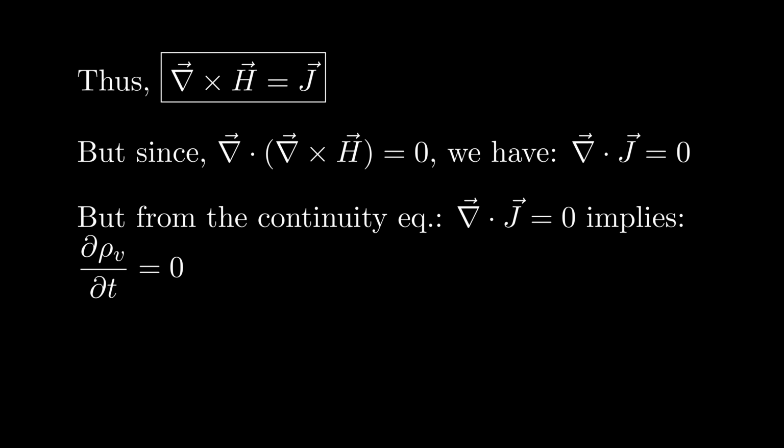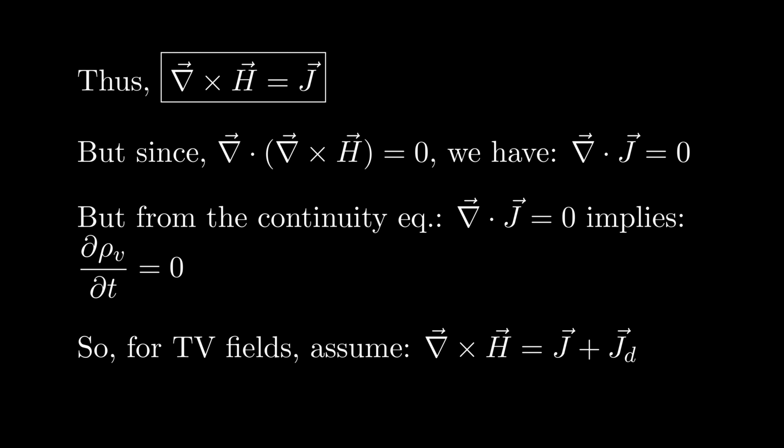So the equation that the curl of H is equal to J holds true only if there are no local variations of charges. To remove this unrealistic limitation, say we add an unknown term J_D to Ampere's law, such that the curl of H is equal to J plus J_D.